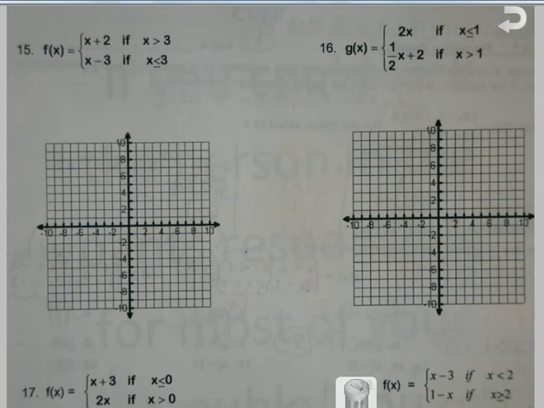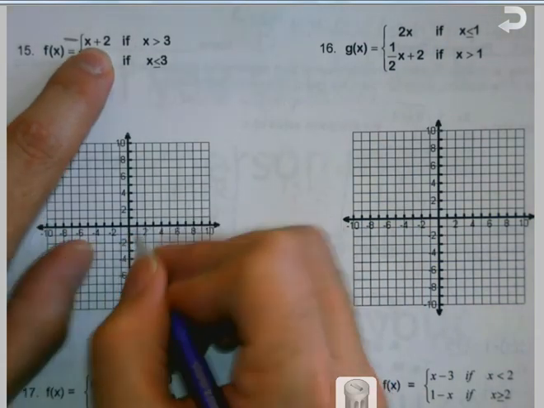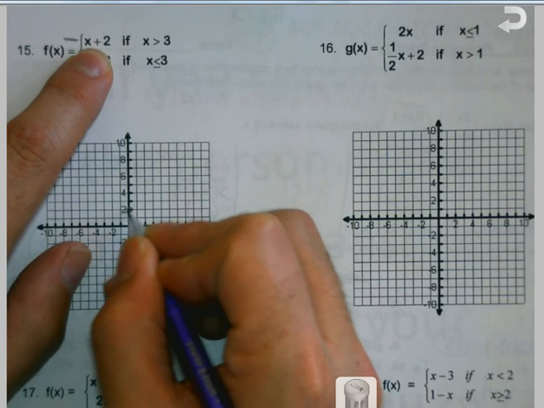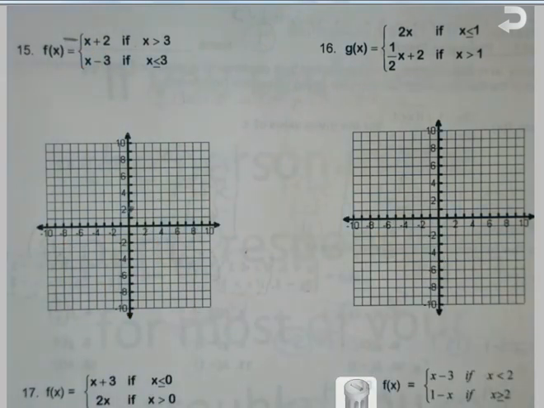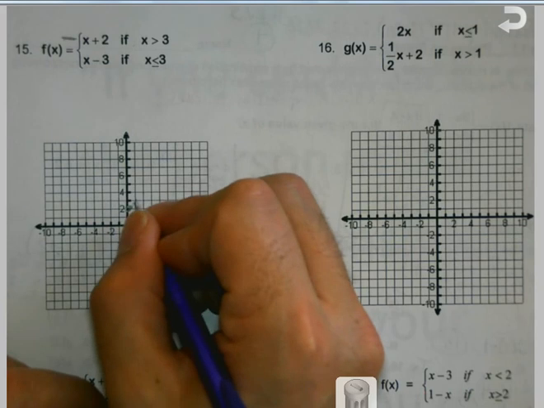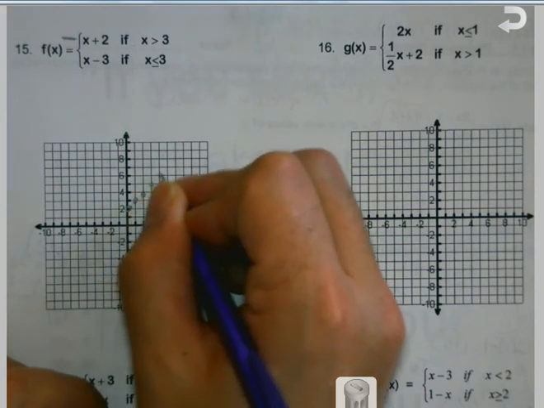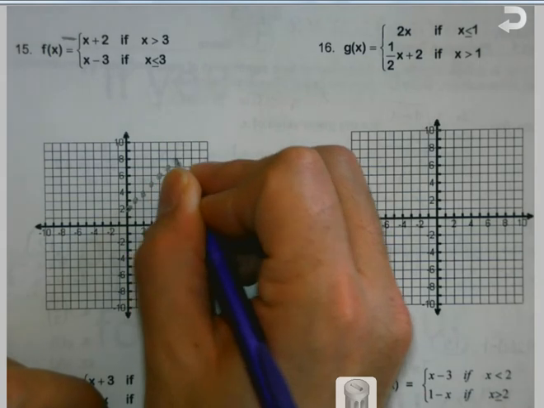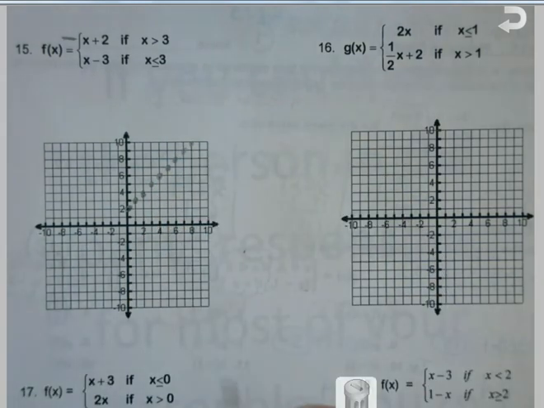So let's see, 15. Okay, we'll start here. My y-intercept is at 2. And then my slope is 1 over 1, because I don't see any numbers in front of x. So I'm going to start going nutso with my dots here, going up 1 over 1. Now before I start going crazy the other way, let's think about this for a minute.